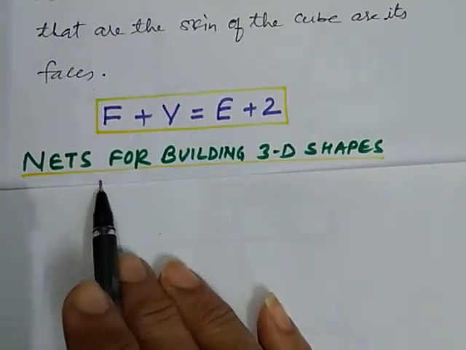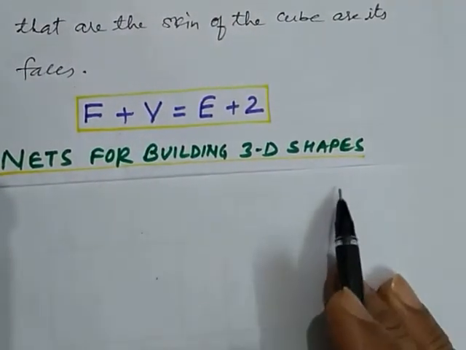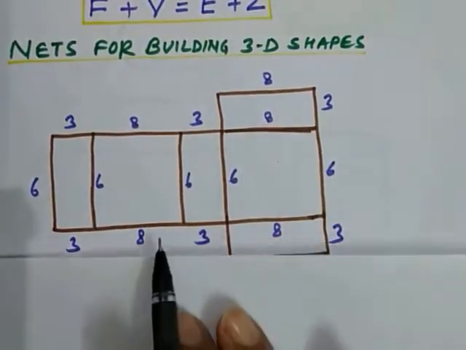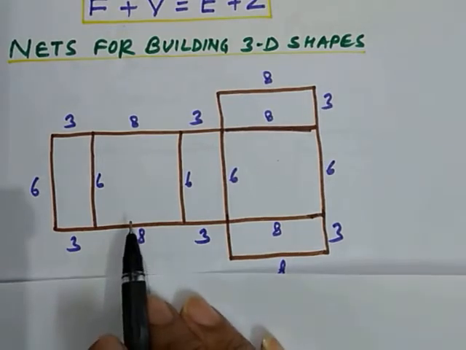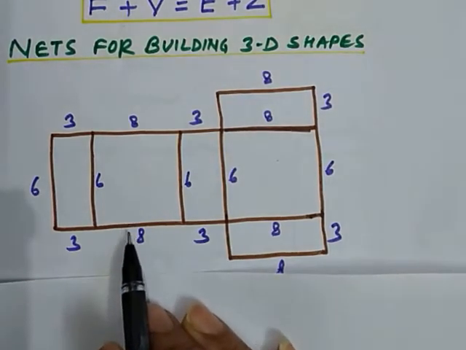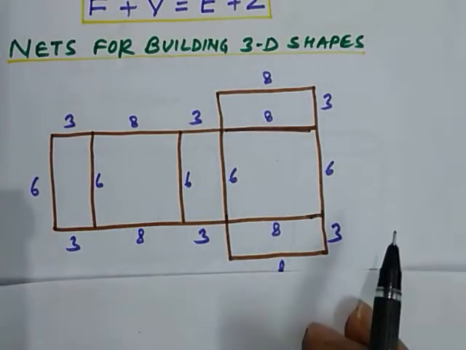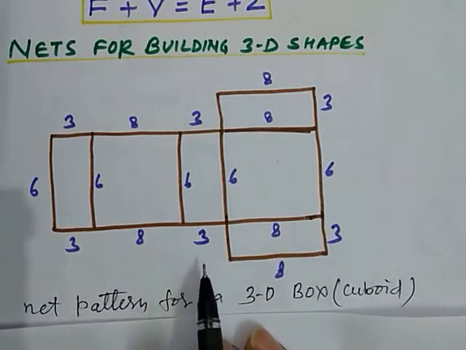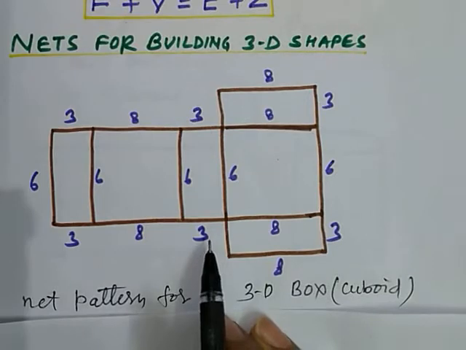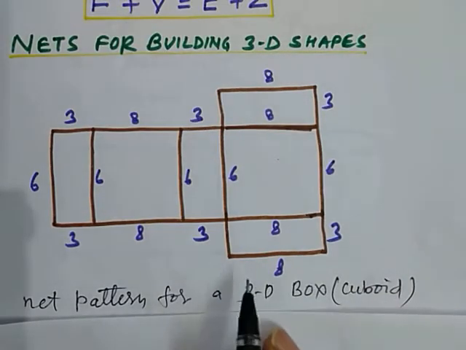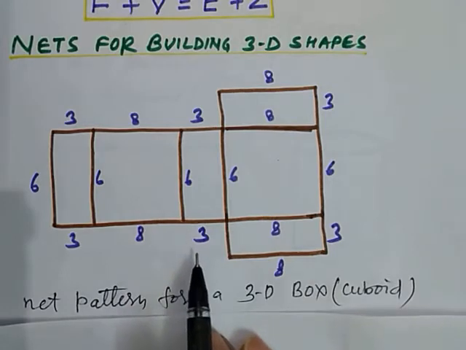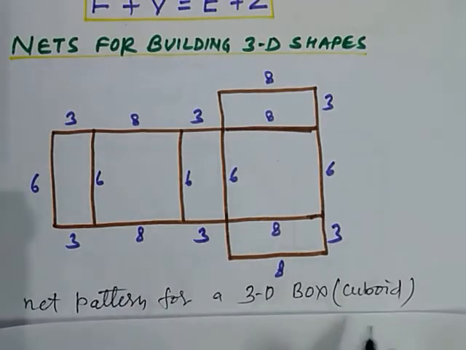Now we learn nets for building 3D shapes. If we open any 3D shape, then it looks like this. This is a 3D shape of a box, that is a cuboid. In practical life, many times we see a box, that is a cuboid.